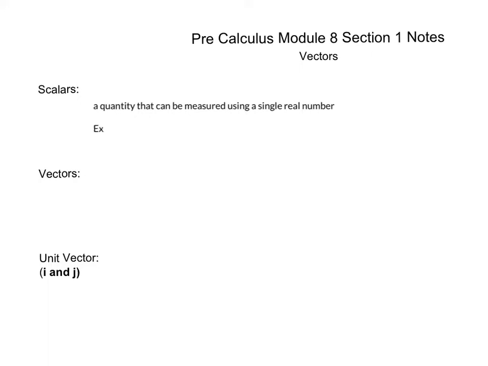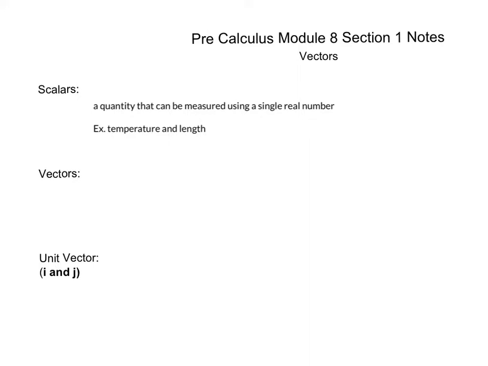For example, temperature and length are scalars because temperature can be represented by, like, 60 and I can have a length of 4. So a scalar is just going to be a number.